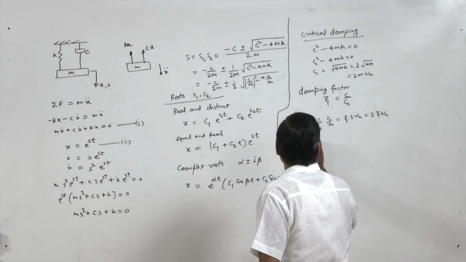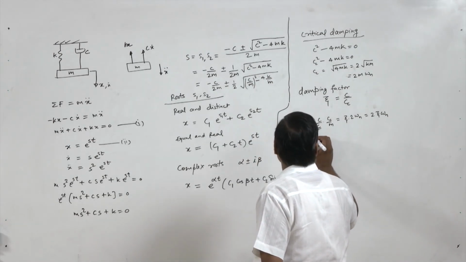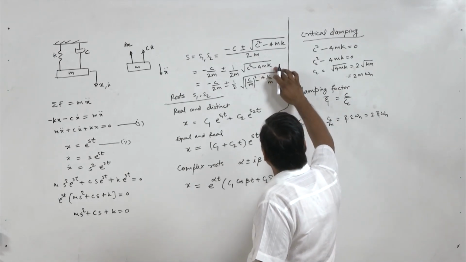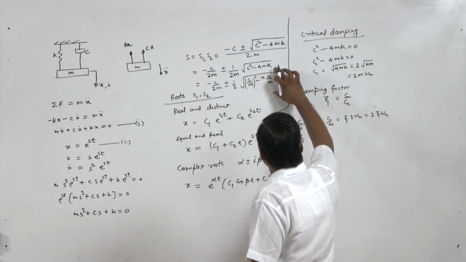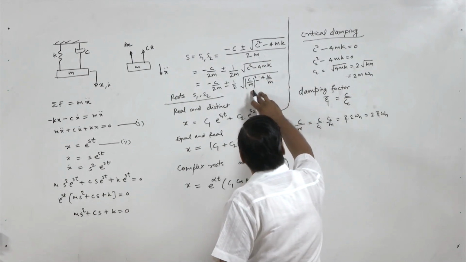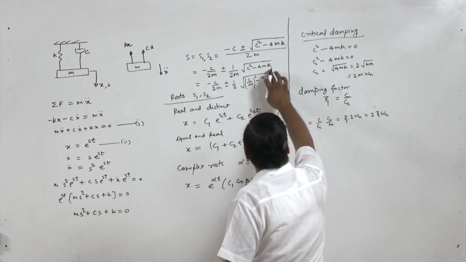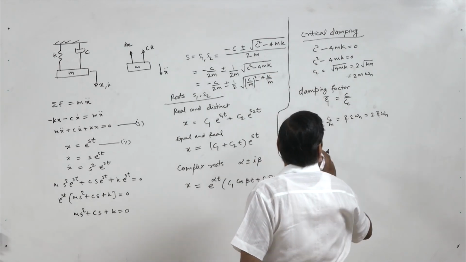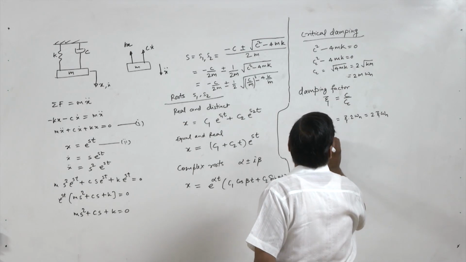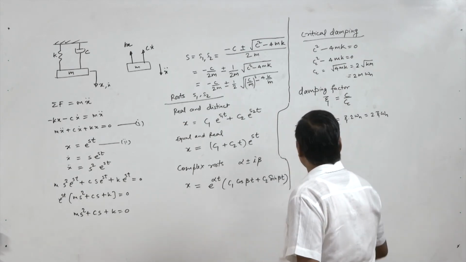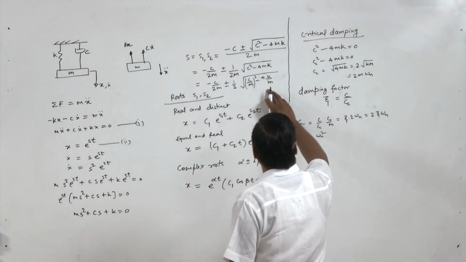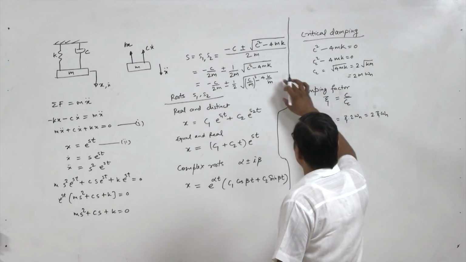K by m is 4k by m, and k by m equal to nothing but omega n square, because omega n is root k by m. So now we can write these values in this equation.